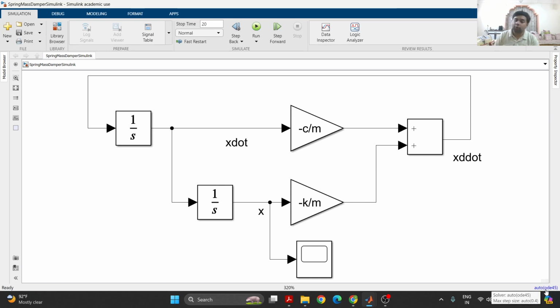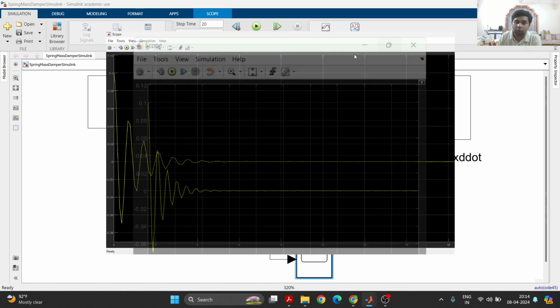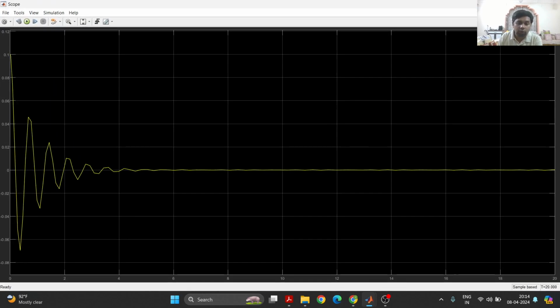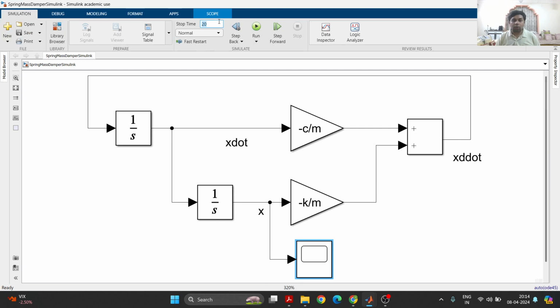It used a step size of 0.4, and let us have a look at the output. Yeah, so this is the output. The motion is getting damped before 10 seconds itself.